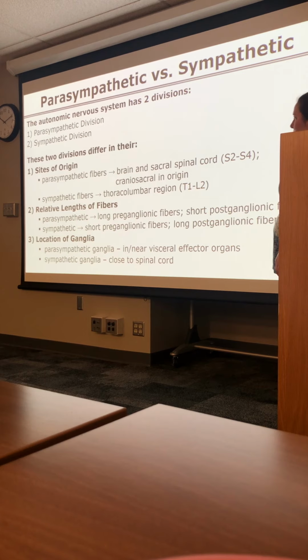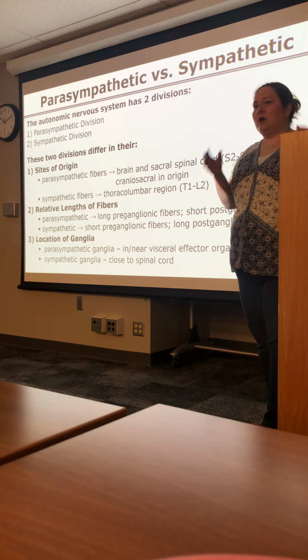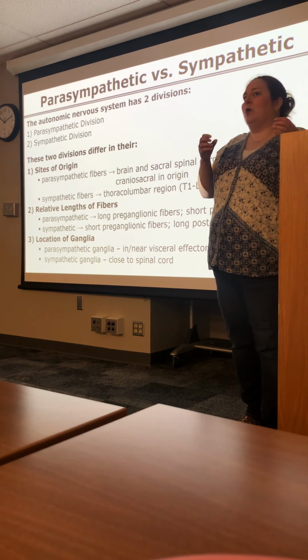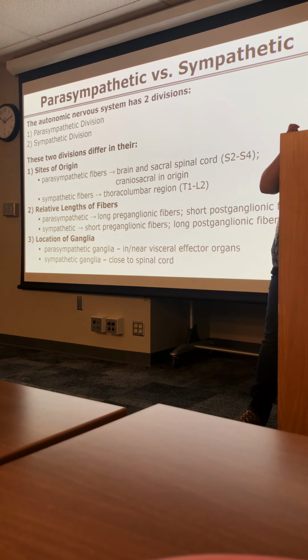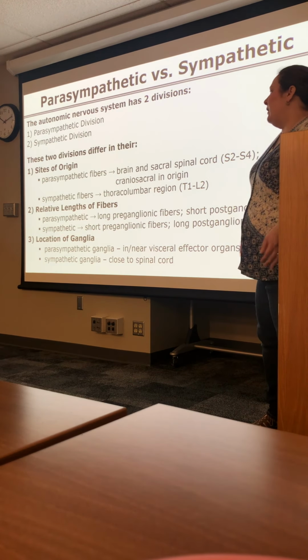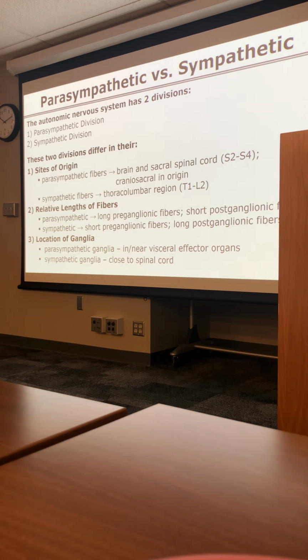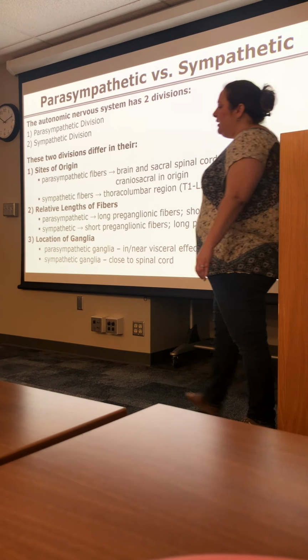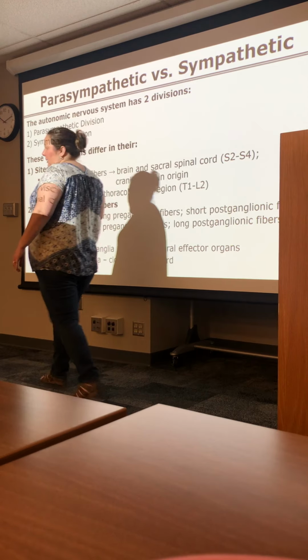Okay? What about the relative length of fibers? So what about the axons? Parasympathetic division of the autonomic nervous system. Okay, it's going to have its cell body in the brainstem or a little extra gray matter along the sides. It's not enough to make horns on the S2, 3, 4 region of the spinal cord. And what we're going to see is that the first neuron in the pathway, that preganglionic parasympathetic neuron, is going to have a really long axon.